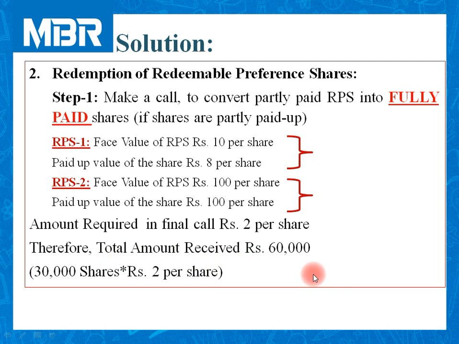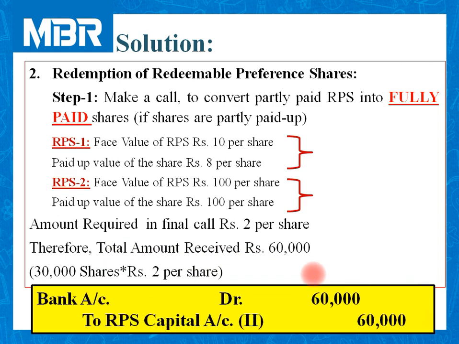Journal entry for this transaction: Bank account debited 60,000 to RPS Capital 1 account 60,000. It doesn't make any difference in our calculation because generally it is written as to RPS Capital account, but for our identification, we are giving number 1 and number 2 over here.